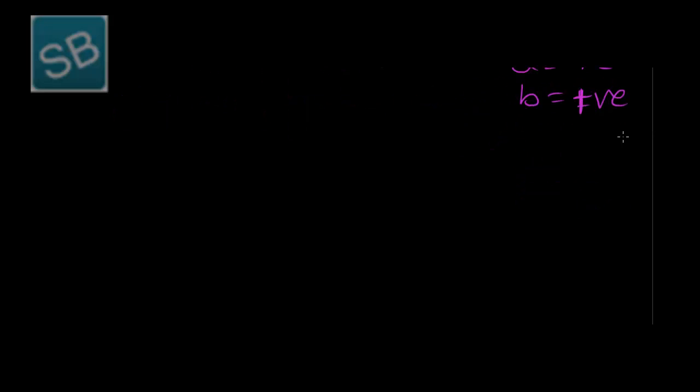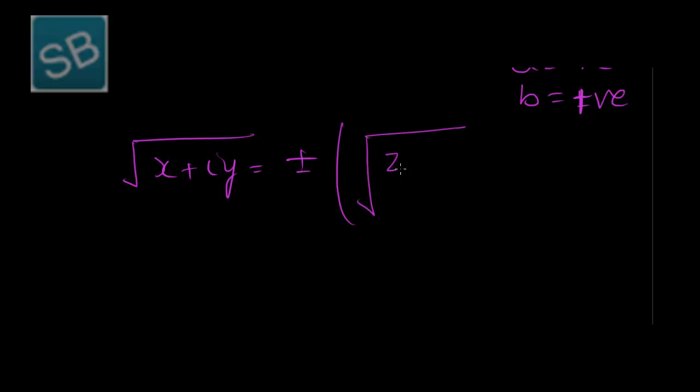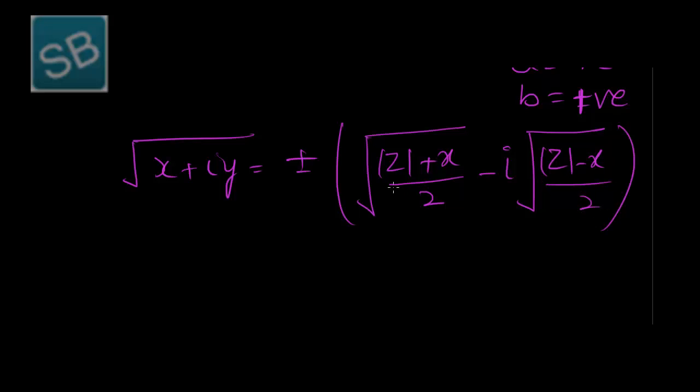And this will convert the square root of x plus iota y as plus minus, under root of mod z plus x over 2 minus iota under root of mod z minus x over 2. If we take the plus sign outside, a is positive and b is negative. And if we take the minus sign outside, a is negative and b is positive. That fulfills our requirement. So that is all about the square root of a complex number.